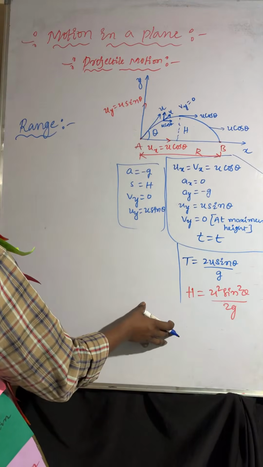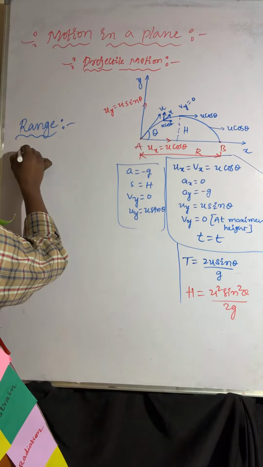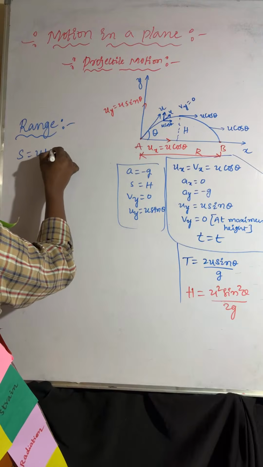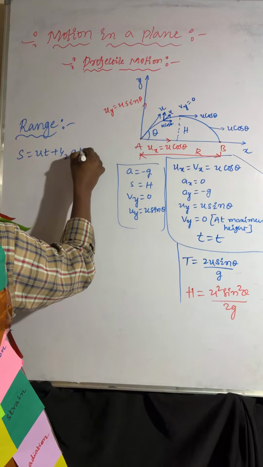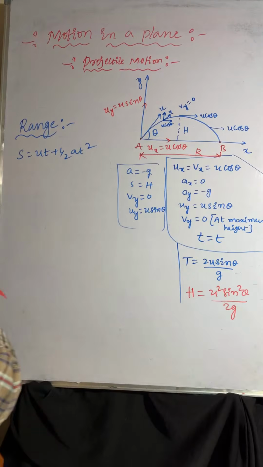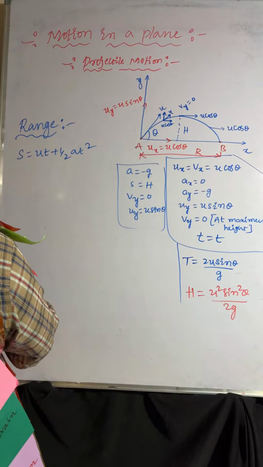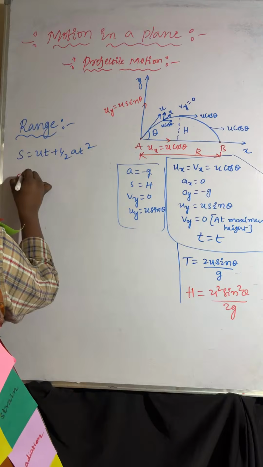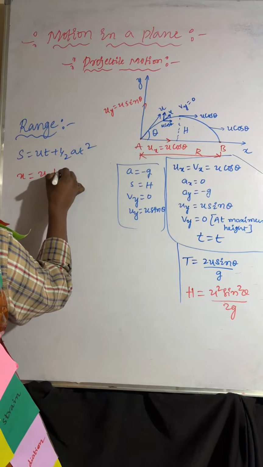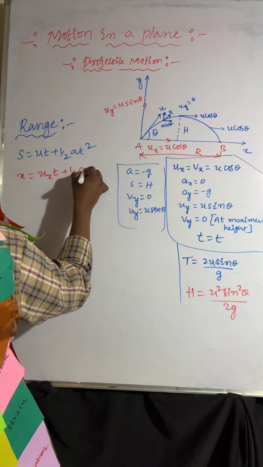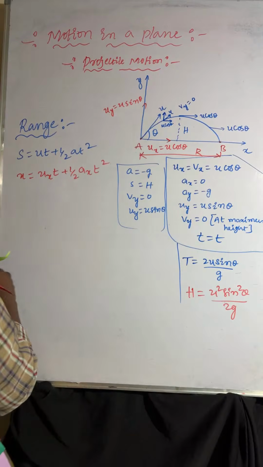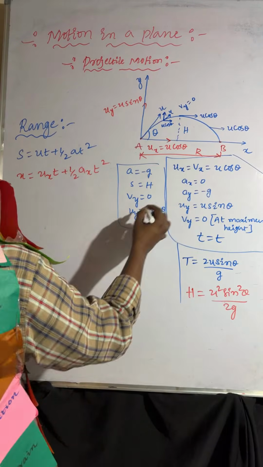So now I'm substituting one more. S equal to ut plus half at square. This time you are taking along the horizontal direction, right? That's why x equal to uxt plus half axt square. Now ax is anyway 0, right?